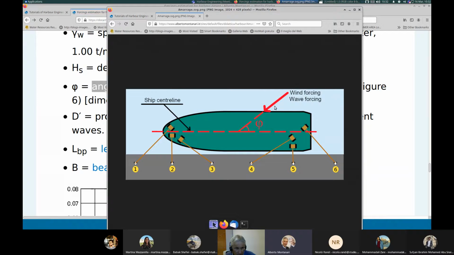The red arrow gives the wave direction, and phi is the acute angle between the wave direction and the ship center line, which we also called the ship longitudinal axis. Okay, keep in mind this angle, which allows us to define the direction of waves.